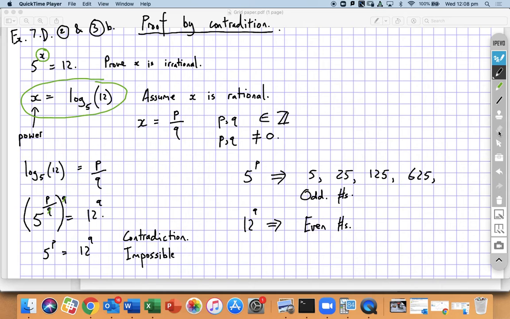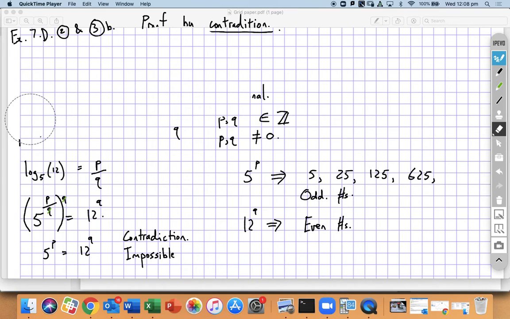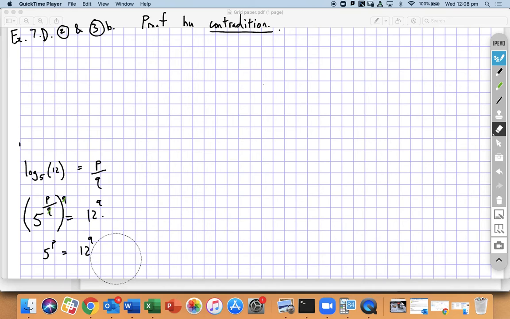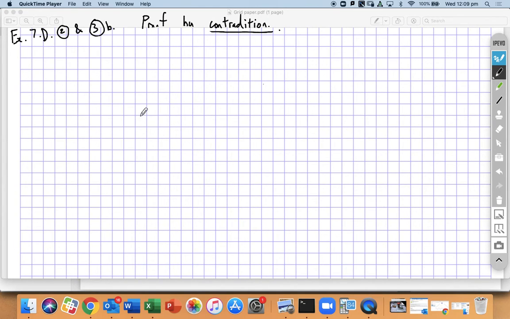Now let's look at question 3b. Just erase all this. 3b says, show that log in base 7 of 11 is irrational.